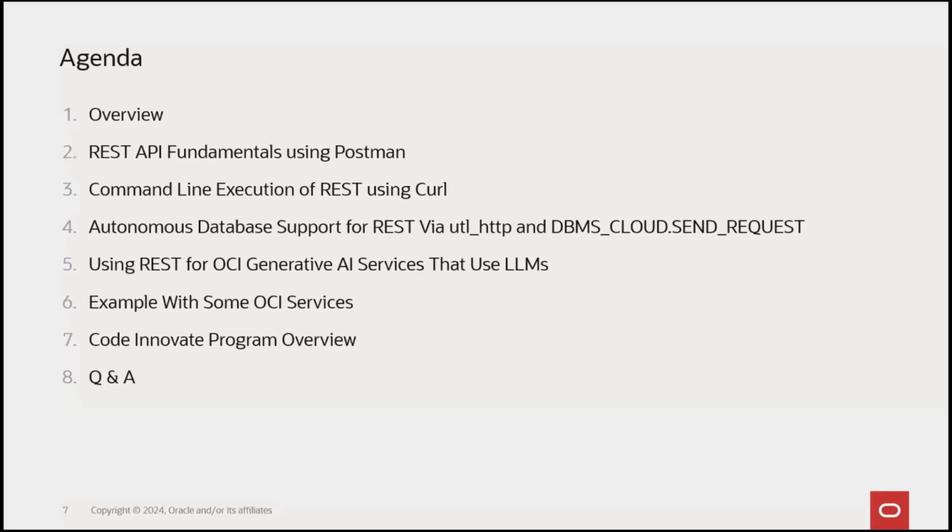He'll also cover executing REST APIs using curl. Curl's available on every Linux machine. I use a Linux desktop. I can just, if I want to test a REST API, I can just issue a curl statement. Very handy for doing that. And he's then going to go into autonomous database support for REST via UTL_HTTP. UTL_HTTP has been around for, I think, at least 22 years.